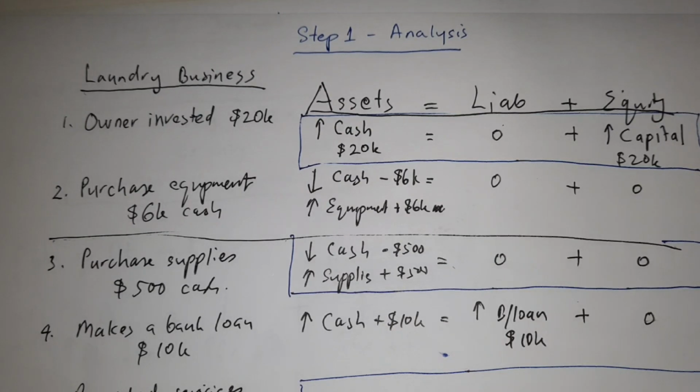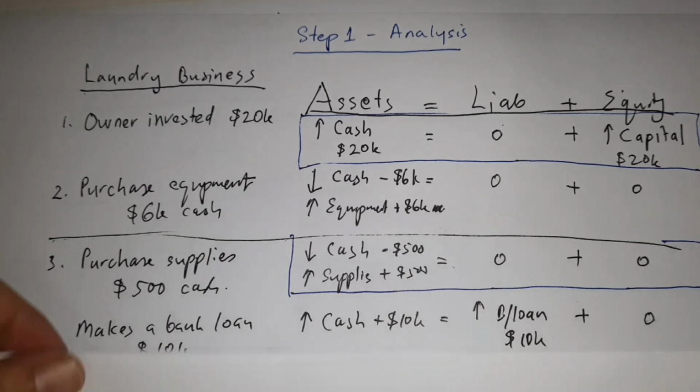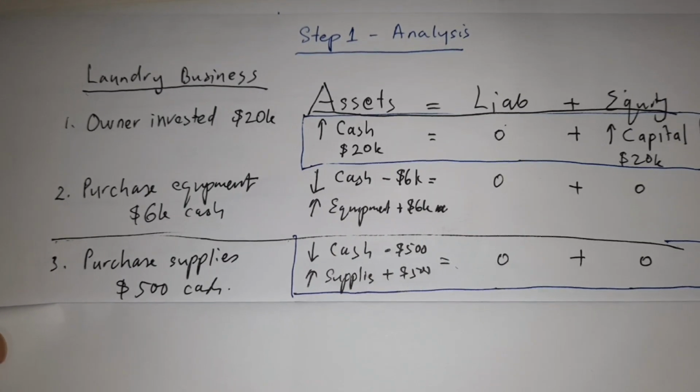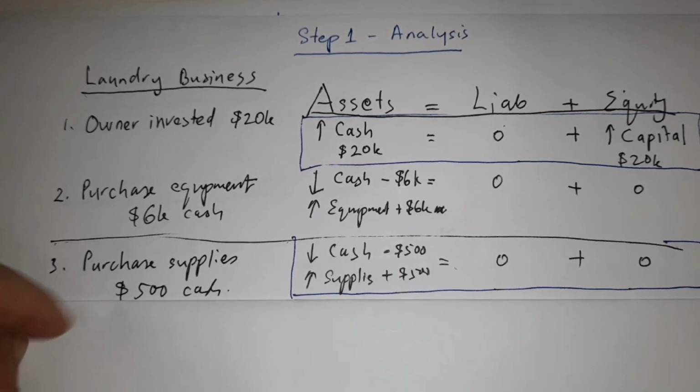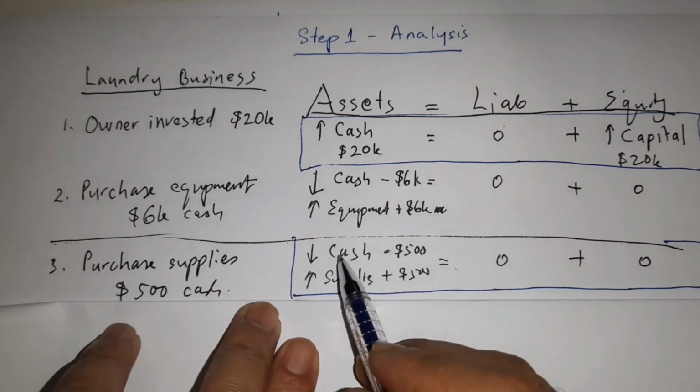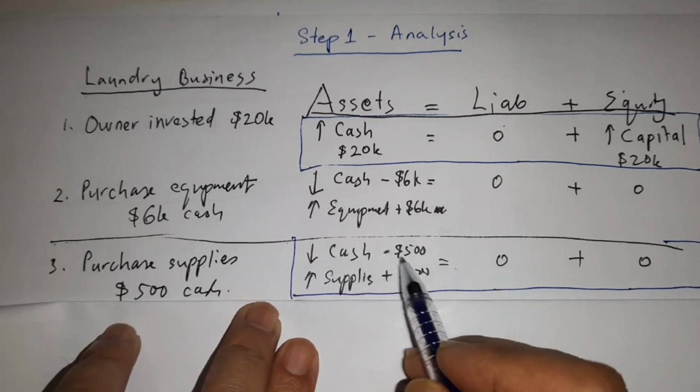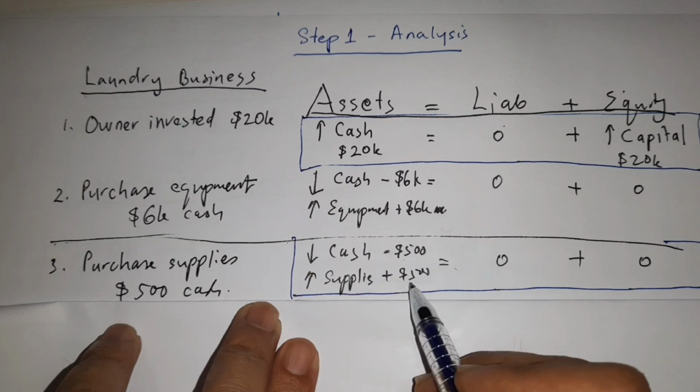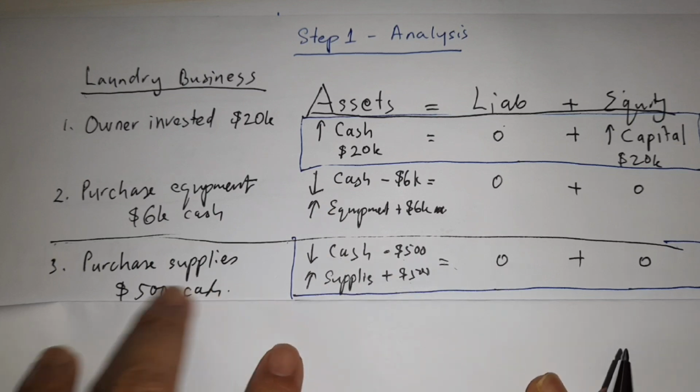The third transaction is the business purchase supplies $500 cash. So you have analyzed the transaction, and the effect is asset cash decreases 500, asset supplies increases 500. So what is the journal entry?